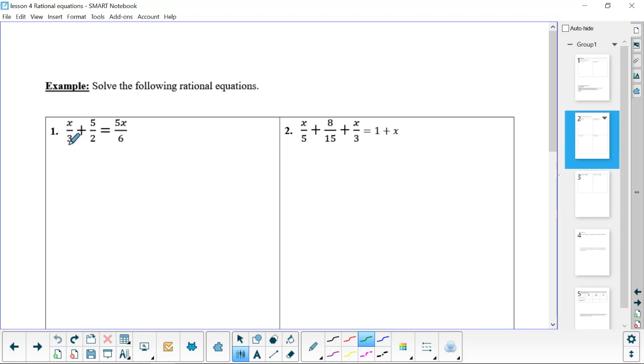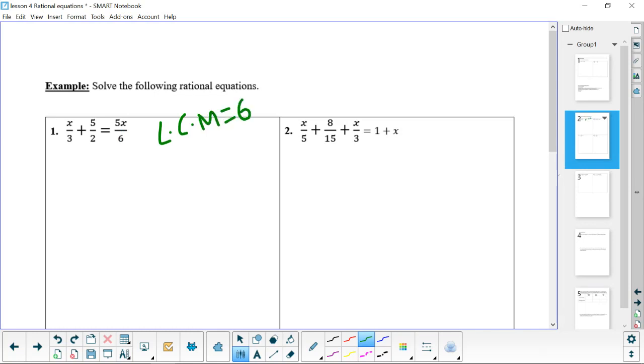We have 3 in the first expression and 2 in the second, and on the right side we have 6. So we're going to find the LCM of 3, 2, and 6, which is 6.